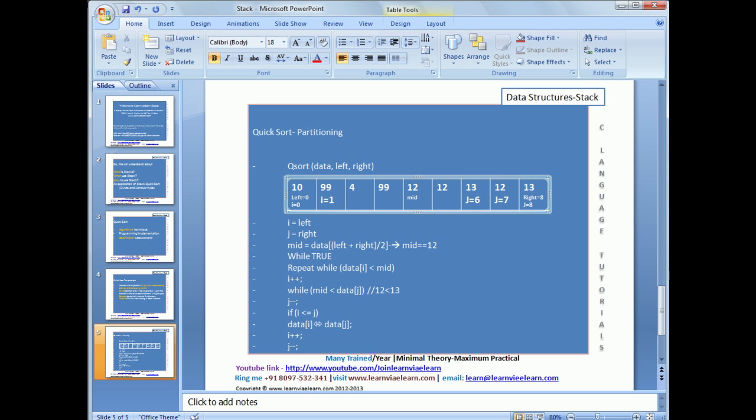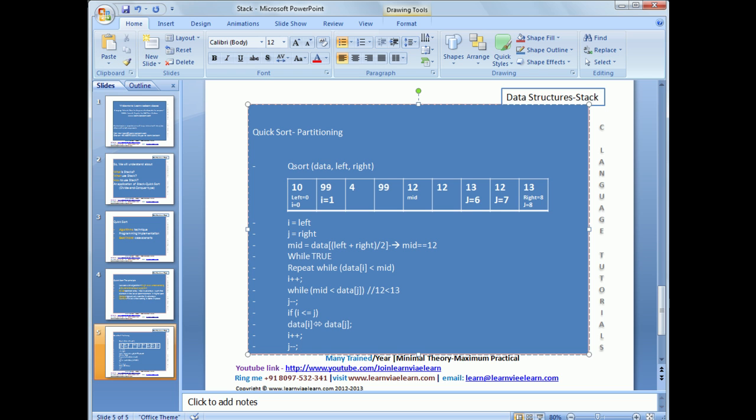So in this way we will continue this algorithm, and finally we will see this array get sorted from lower to higher number. How actually it is going to sort, we will see once we write a program.